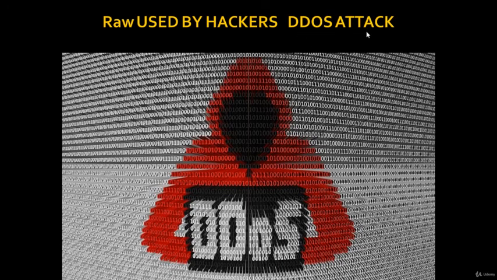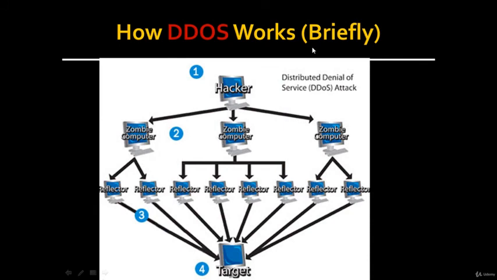specifically in DDoS attacks. DDoS attacks are a concern right now in real life. DDoS stands for Distributed Denial of Service. This is how DDoS works, in a brief way. This is the hacker, number one.